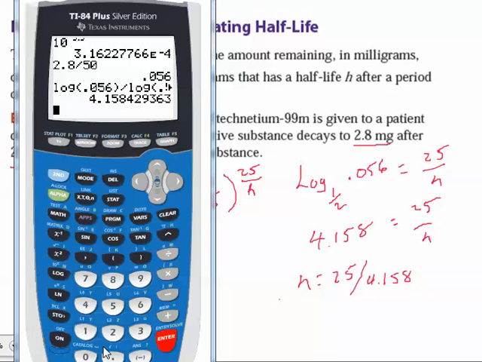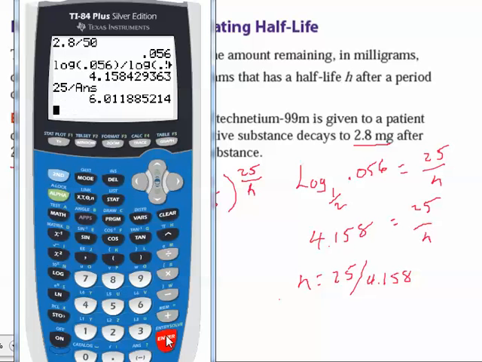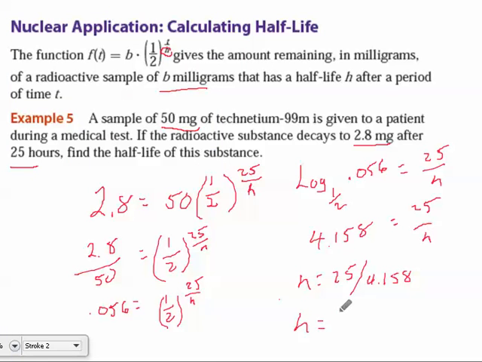Okay, so I can actually do this. 25 divided by, recall that answer, and I get 6.011. H equals 6.011. So what is that telling me? Well, that's the h, remember?